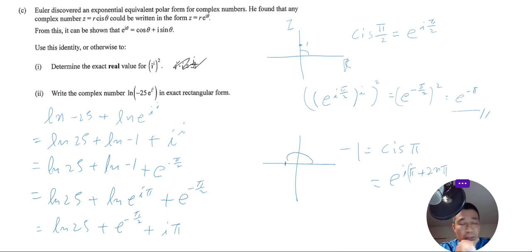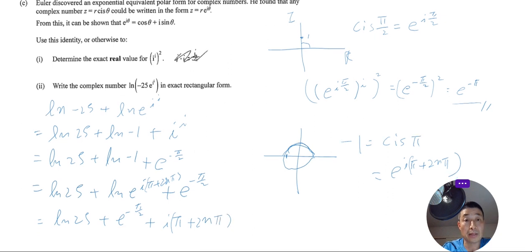When I make one revolution, it's the same place, and then I can make 3 pi or 5 pi, and so on. So I have to add 2n pi. So instead of saying i pi, I would say i bracket pi plus 2n pi.